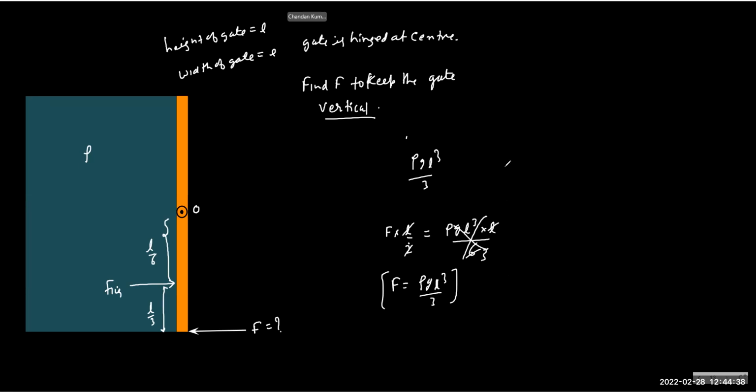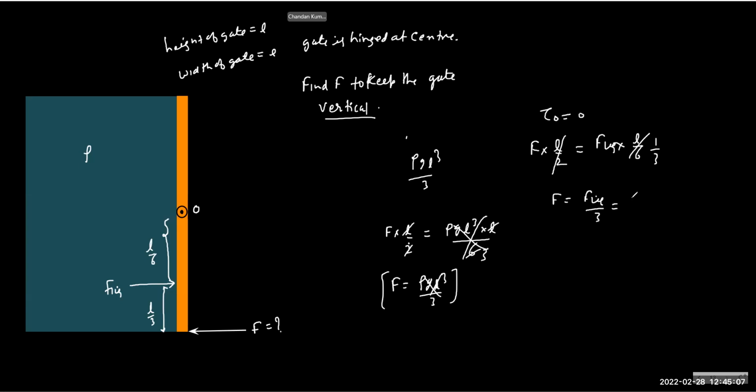Okay. So what you're supposed to write is F into L by 2, because you're finding the torque about O, which is 0. O is the center, and the liquid force will be F liquid into L by 6. Understood? Yes. And so the F is always F liquid by 3.